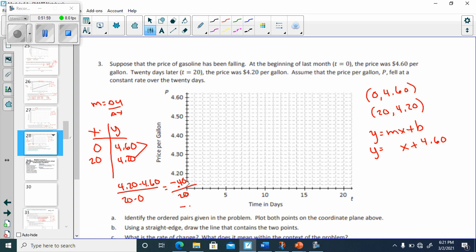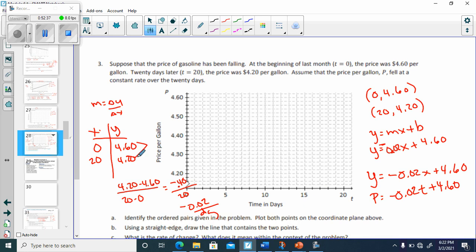So it's going down 0.02 per day. So this becomes negative 0.02. Okay, let's write it better. Y is equal to negative 0.02 X plus 460. Okay, now our Y is P. The price is equal to, and it's going down 2 cents per day times your number of days, and it started at 460. That's just what that means.